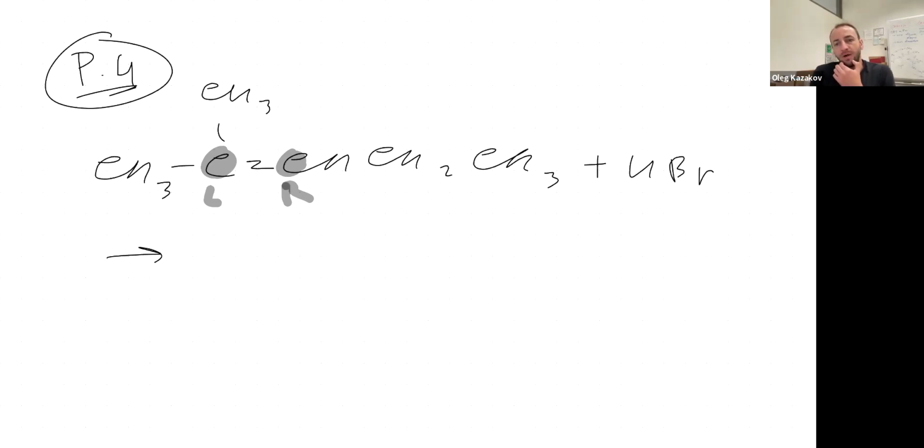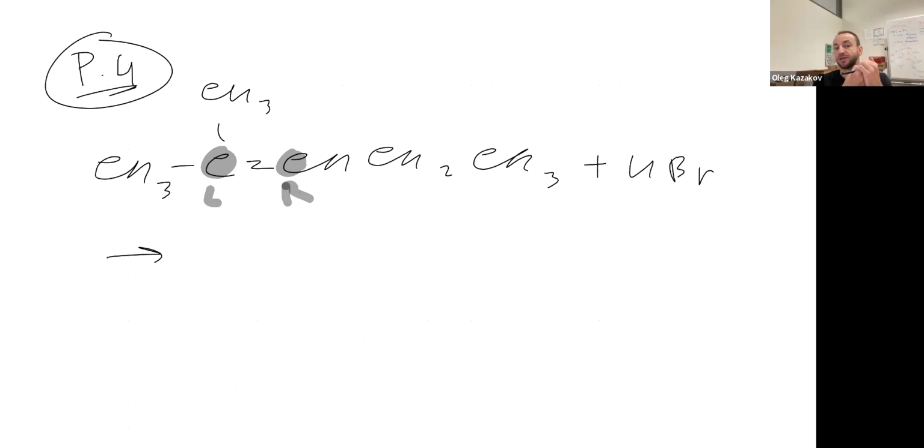Either Br will go to the left carbon and hydrogen will go to the right one, or bromine will go to the right carbon and hydrogen will go to the left one. So you're going to potentially have two isomers, right? Depending on where the bromine atom is located, you will have different compounds from the structural point of view, even though they have the same exact molecular formula, right? Depending on where the building blocks are placed, we'll have different compounds.